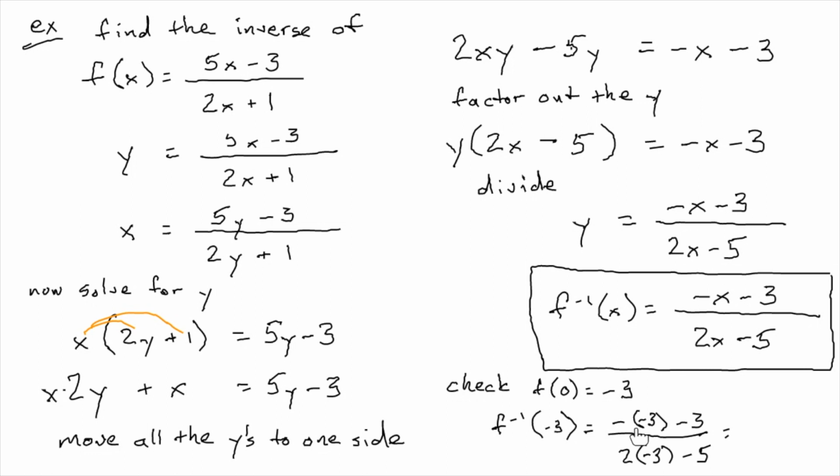Minus 3, well, 3 minus 3, I'm thinking that's 0. If I were lazy, I'd quit now. But I want to be careful. I just want to make sure I didn't break it. If this bottom were also 0, well, then I screwed it up. But the bottom is -6 minus 5. The bottom is -11. And now I can safely say, yep, if I put in a 0, I got out a 0 from the inverse.